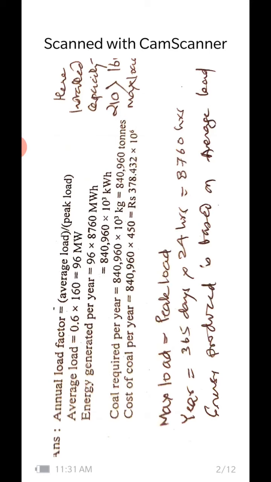Please understand, 1 megawatt is equal to 1000 kilowatt and 1 megawatt hour is equal to 1000 kilowatt hour. That is why, because when we sell the electricity it is sold in units, kilowatt hour, and 1 kilowatt hour is equal to 1 unit, we converted megawatt hour to 10 raised to 3 kilowatt hour.